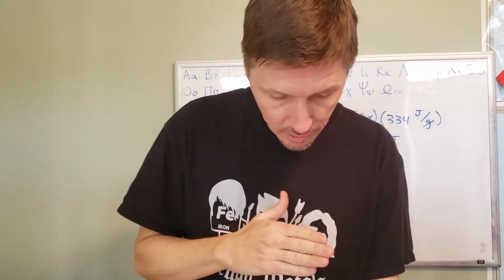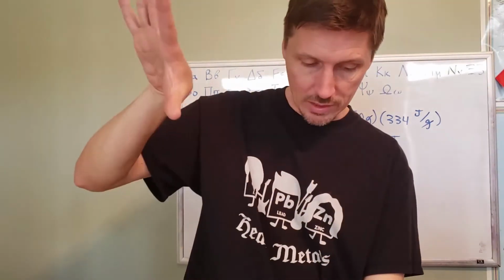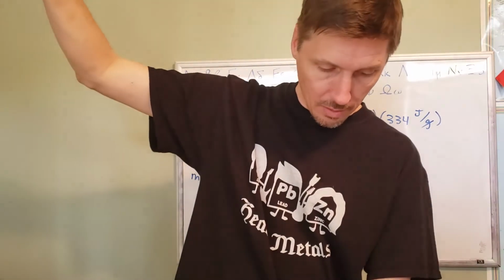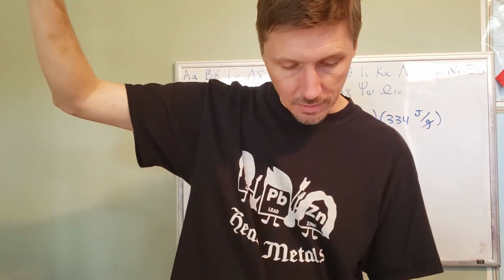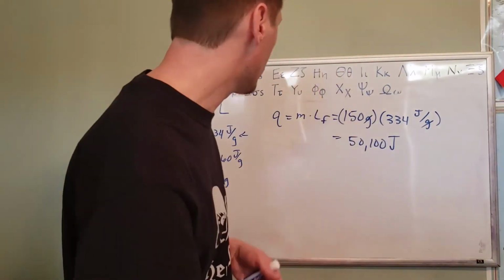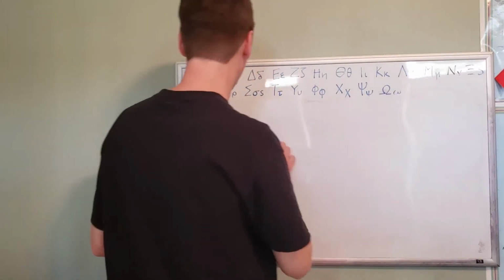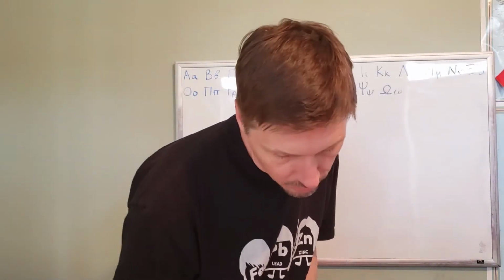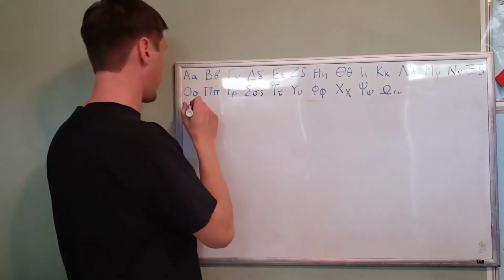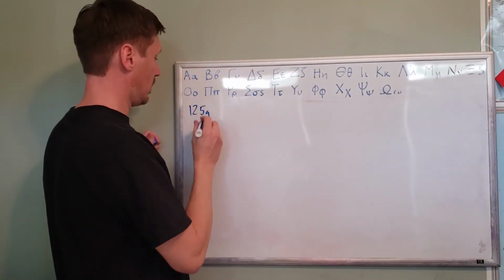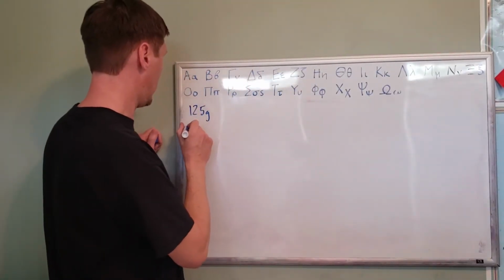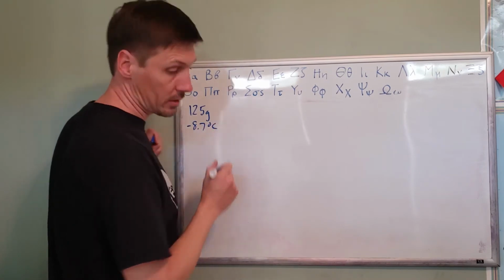Okay. So how much energy does it take to go through both phases, to go from this state of being an ice cube all the way to becoming a gas, right? Becoming a vapor. So now we have all the tools that we need in order to figure this problem out. Just to write down quickly, it's a 125 gram ice cube, and it starts at negative 8.7 degrees Celsius, right?